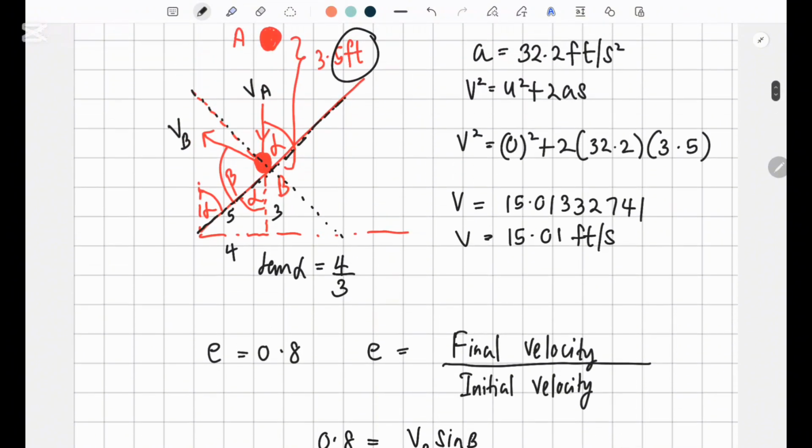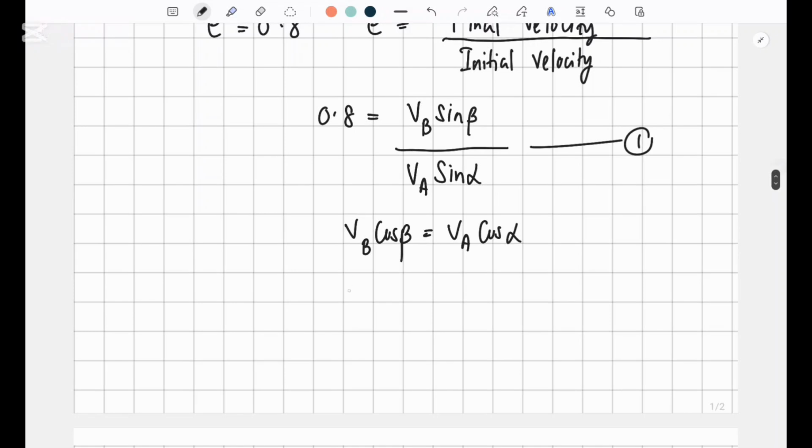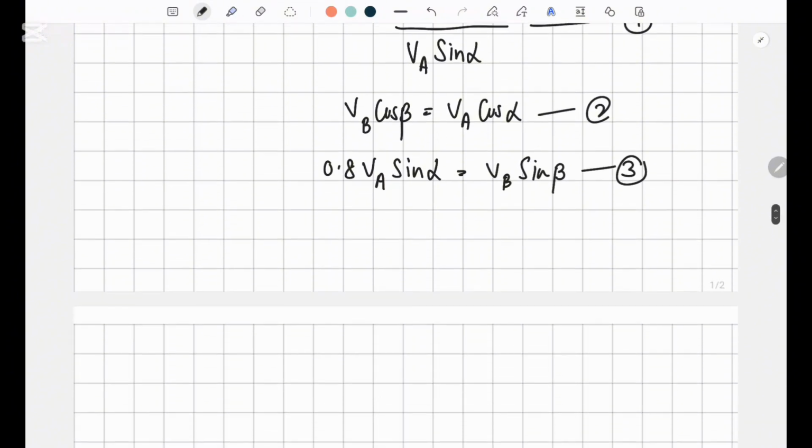I'll write this as the second equation. And you can write 0.8 VA sine alpha equals VB sine beta. Take it as your third.